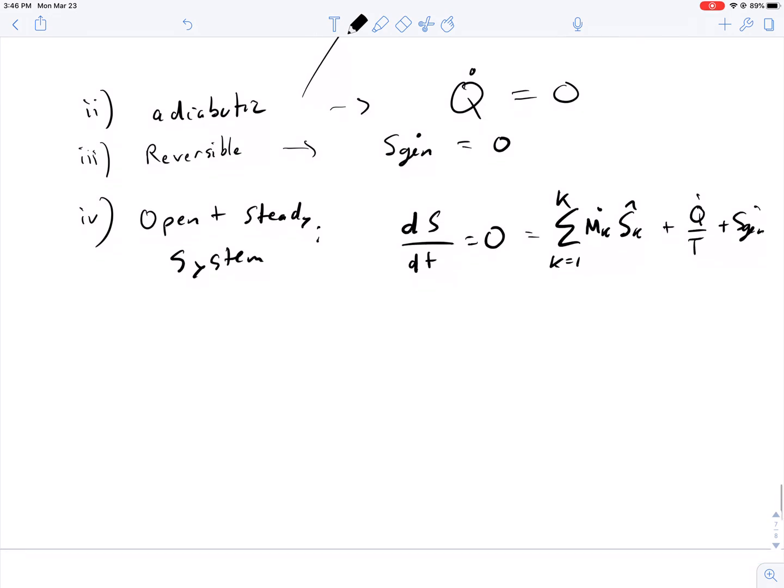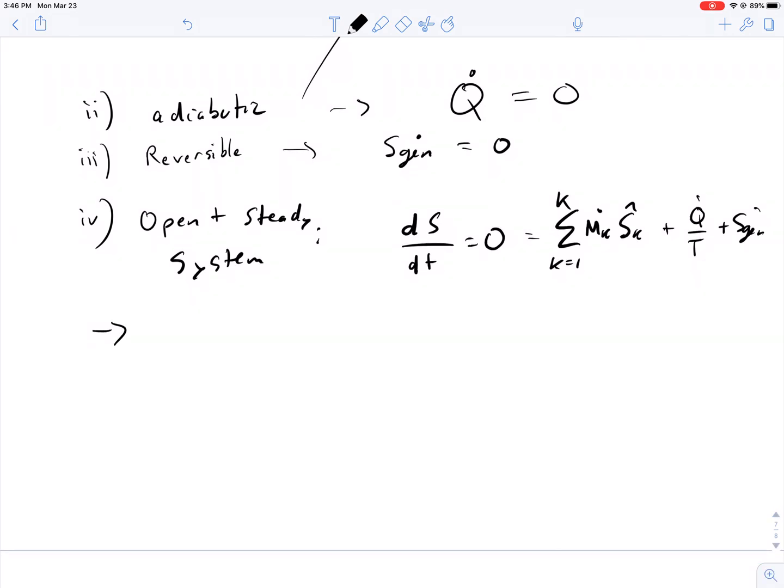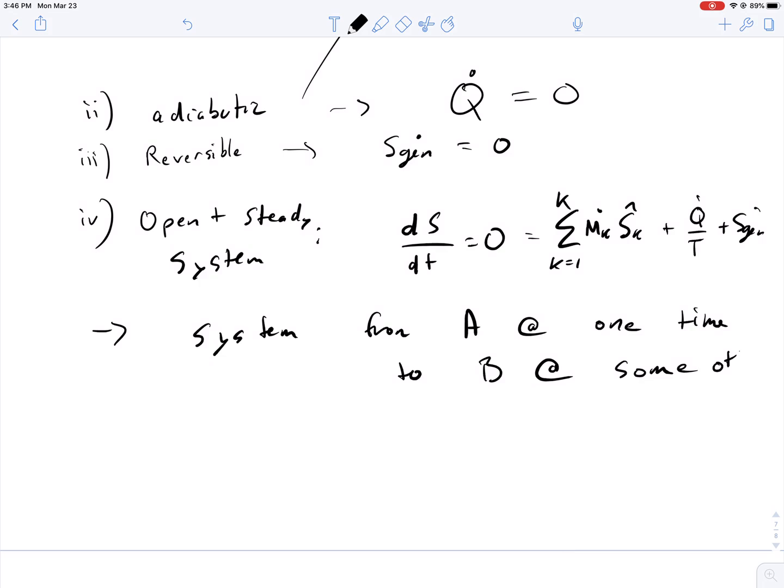What you should think about now, what about for a system from A at one time to B at some other time?